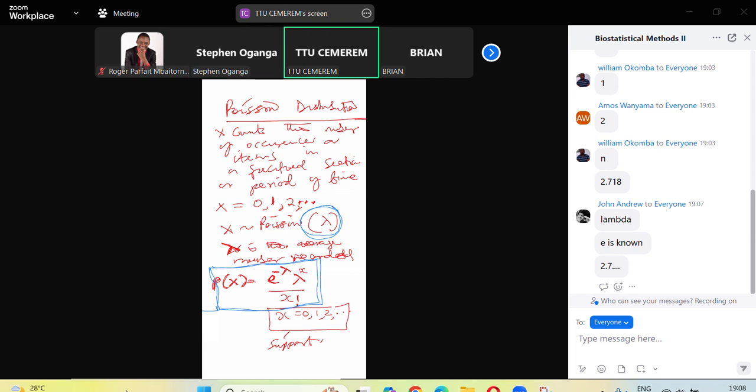Any questions so far for these three distributions? Guys, you must know the structure of these probability distributions.